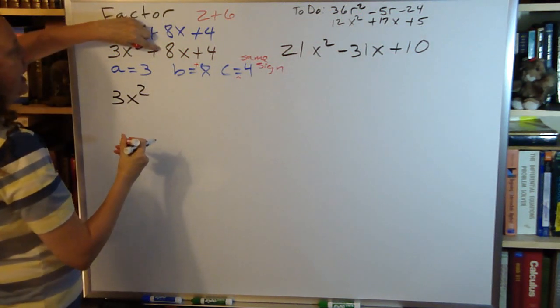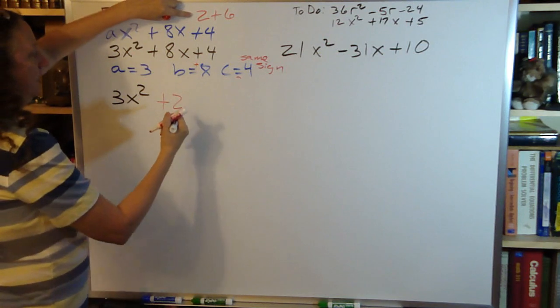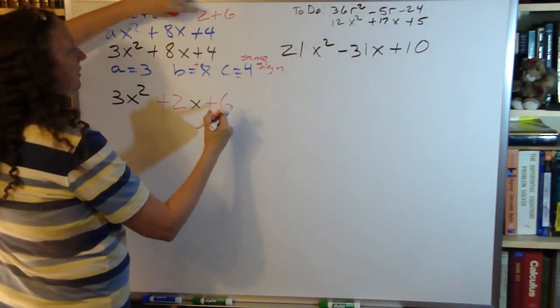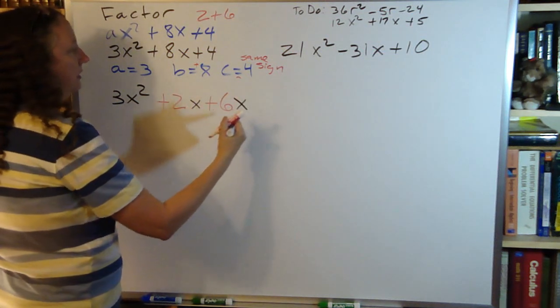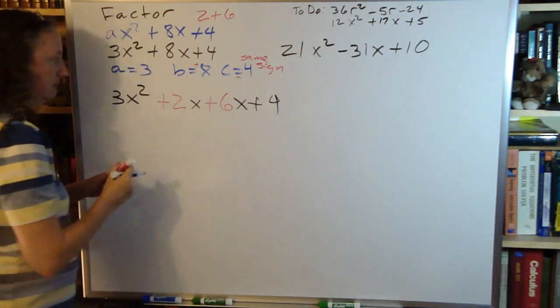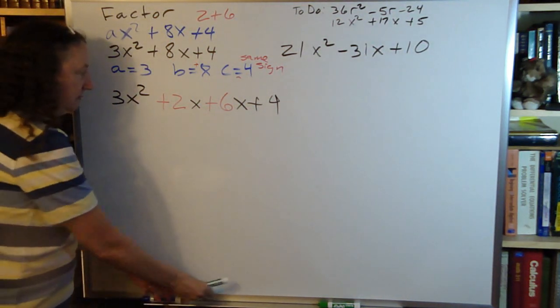I'm replacing the 8 with the plus 2x and the plus 6x. And then I carry on with my plus 4. I split these two down the middle.